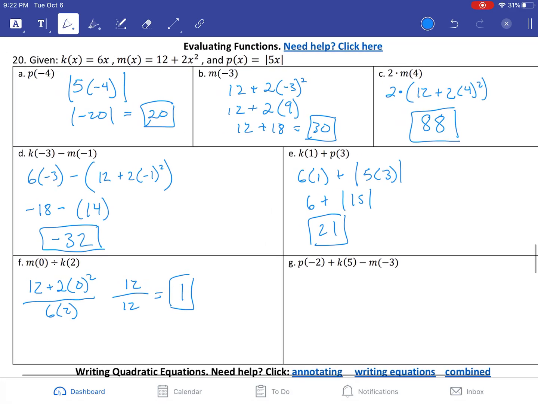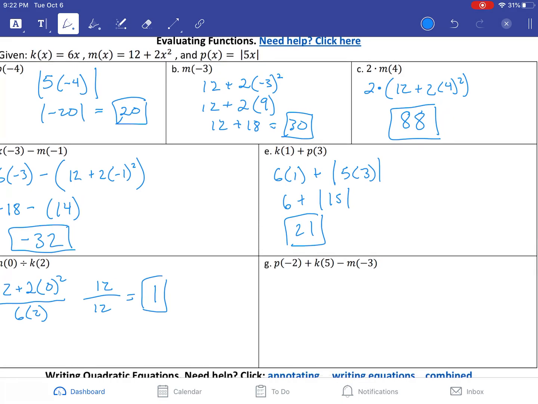Okay, last one of evaluating. We have p of -2, so we have 5 times -2, and the absolute value of that, plus k of 5, so I'm going to put that all in parentheses, 6 times 5, minus m of negative 3. So I'm going to put, again, the whole thing in parentheses. 12 plus 2 times negative 3 squared. So this shows you the work of how you're supposed to set it up.